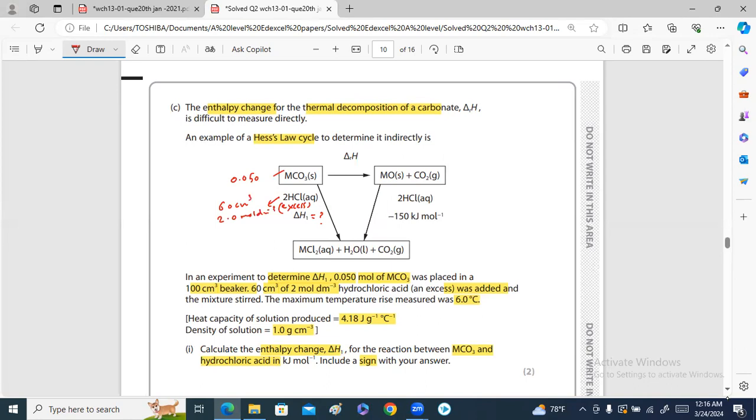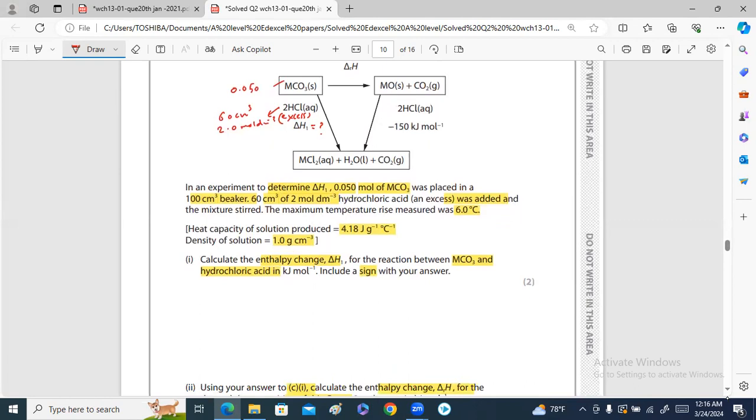Now, the formula for the enthalpy change is heat transfer over moles. But first of all, we have to look at the heat transfer, or Q. This is the formula mcΔT. Now, m is the mass of water or mass of the solution, that is 60.